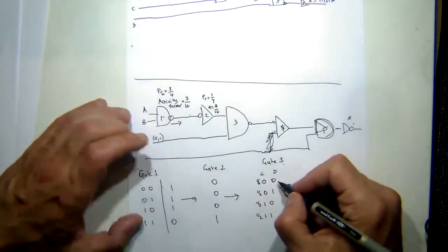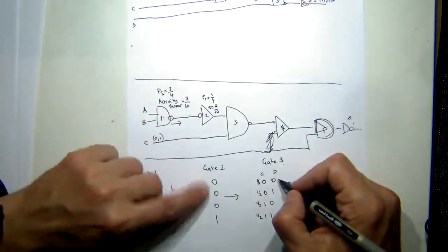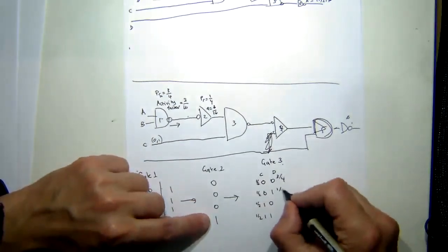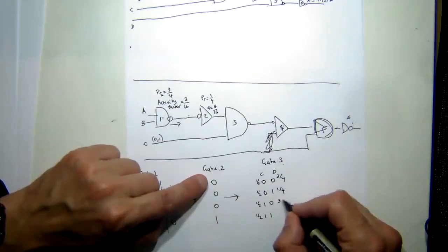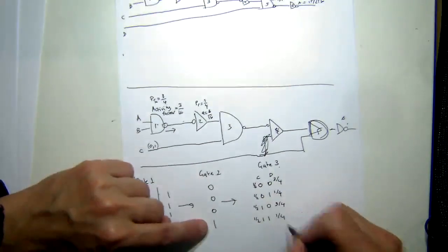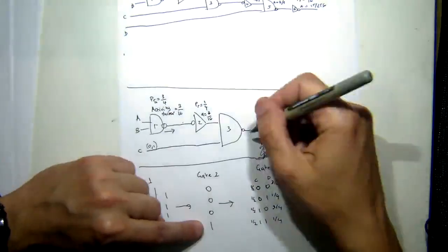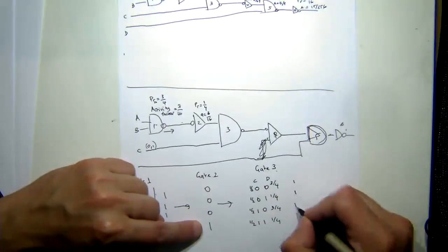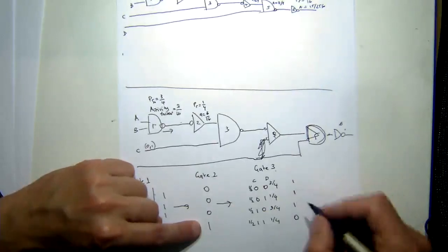And the probability of 0 for D is 3 on 4, 1 quarter, 3 quarters, 1 quarter. And this is a NAND, so this would be 1, 1, 1, 0.